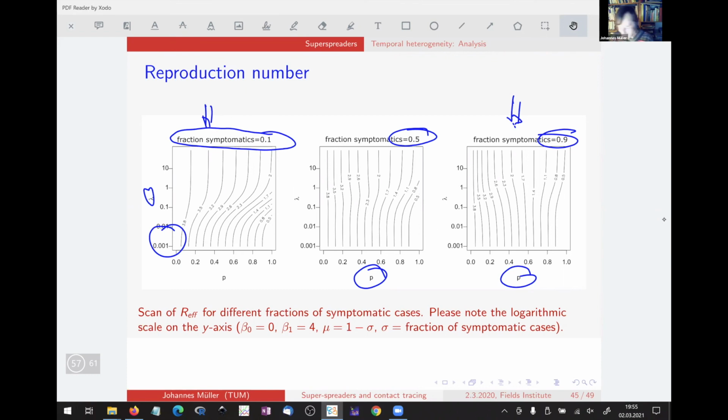If, however, the fraction of index cases is rather high, or you do a lot of testing, then it might be better to have small events, because then only a few individuals are affected, but you still get them because you have enough index cases. So I think that's basically the answer.